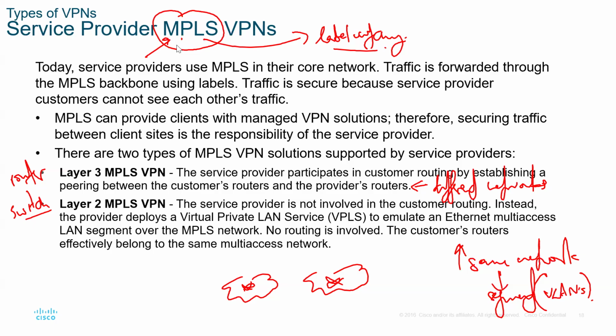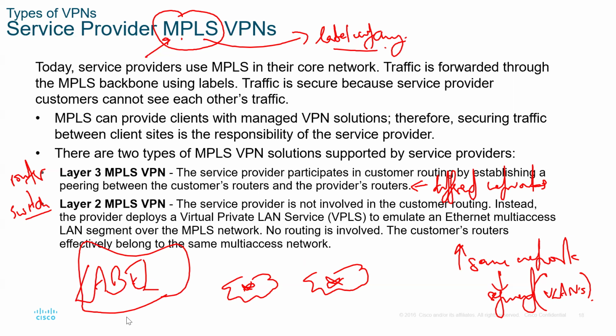Then if you want to understand the difference between a service provider MPLS and the other types of VPNs, this one uses labels. The other ones use encryption. Different labels means different encryption. I cannot say that. Different labels is a bit difficult.